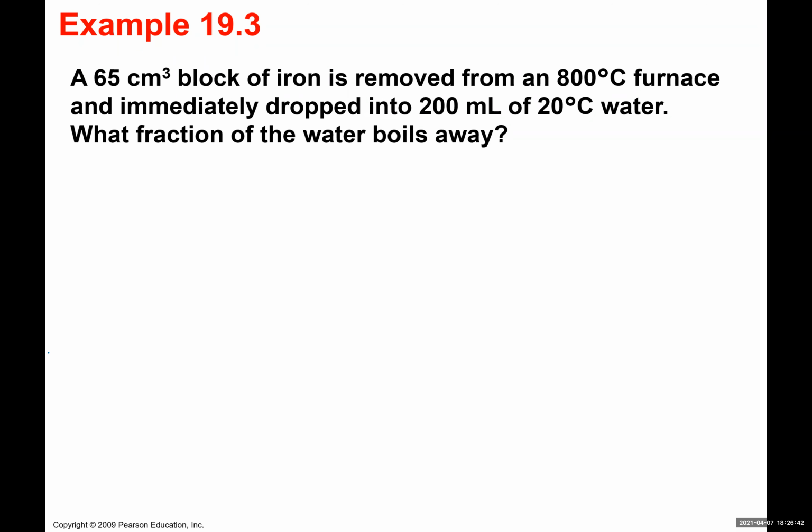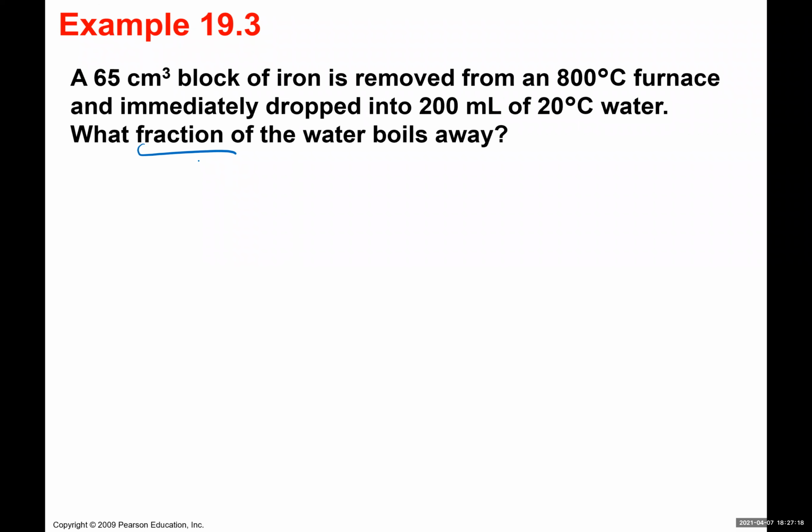That gives us a hint: the temperature needed for the water to boil away is 100 degrees Celsius, and since not all the water boils away, the temperature doesn't go beyond 100 degrees Celsius. That means when we mix this block of iron with water, we get a final temperature of 100 degrees Celsius, which boils away some of the water, but not all of it.